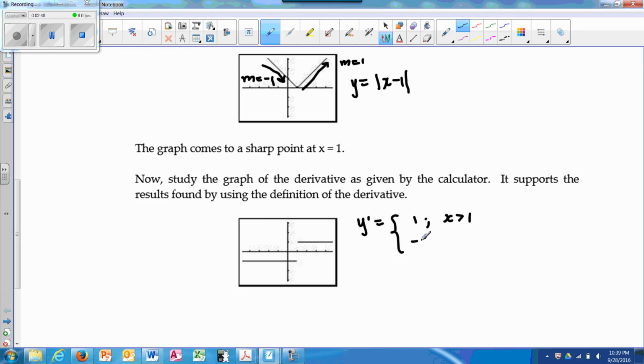The left-hand side is also a linear function, but the slope is negative 1. Because the left and the right don't match, we actually have an open circle here. So we can't try to choose between the left and the right and assign one. We actually have an open circle on both sides at x equals 1. The derivative, which is a limit, does not exist.